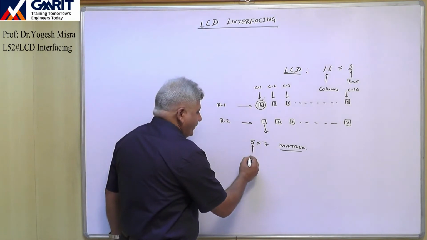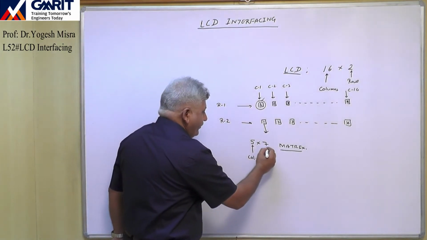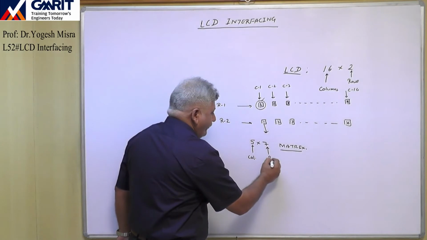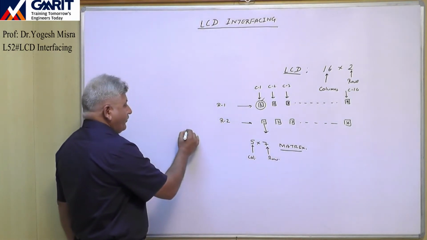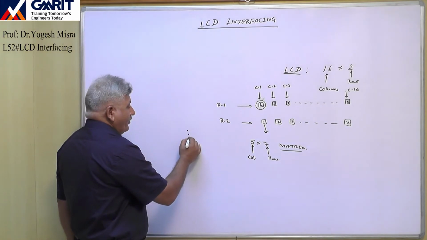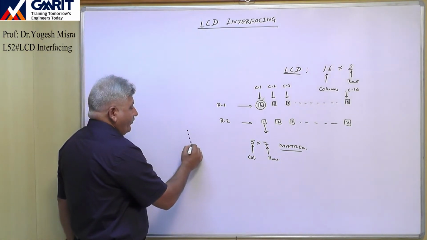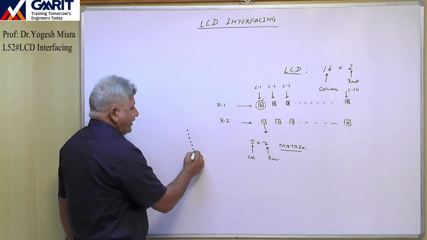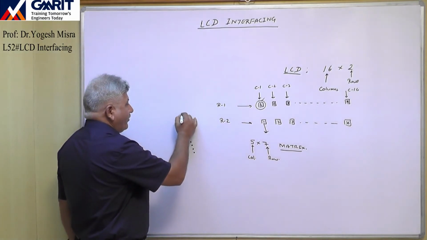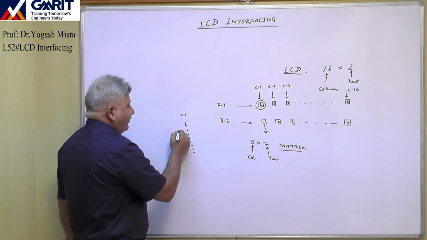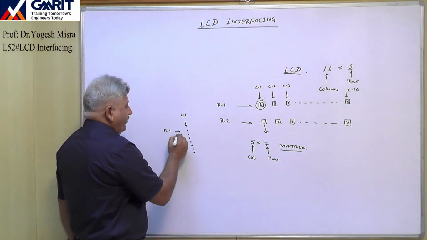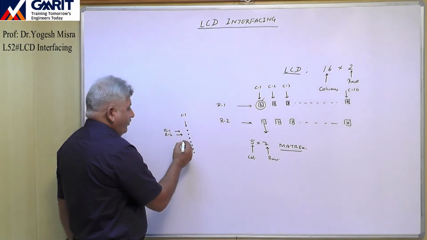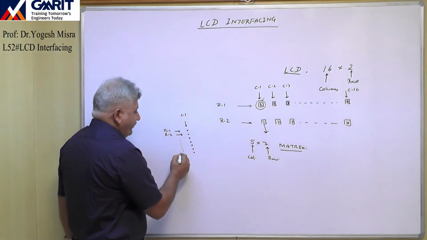Here this 5 is the number of columns and this 7 is the number of rows. So the matrix is like this: 1, 2, 3, 4, 5, 6, 7. This is column number 1. This is row number 1. Row number 2, like this.